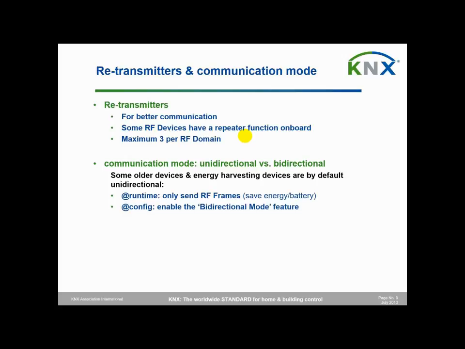Okay, communication mode, unidirectional versus bidirectional. So also here we need to take into account older devices and of course newer devices like the energy harvesting devices, which are all by default unidirectional.